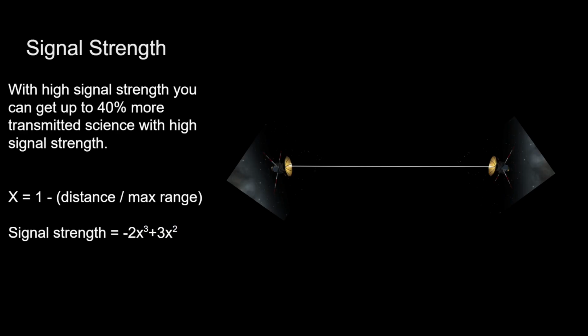X will be between 0 and 1 for this formula. And if you're bouncing it through relays or multiple connections, the overall signal strength will be the product of all the signal strength steps. If you're interested in it, I would recommend looking that up yourself.